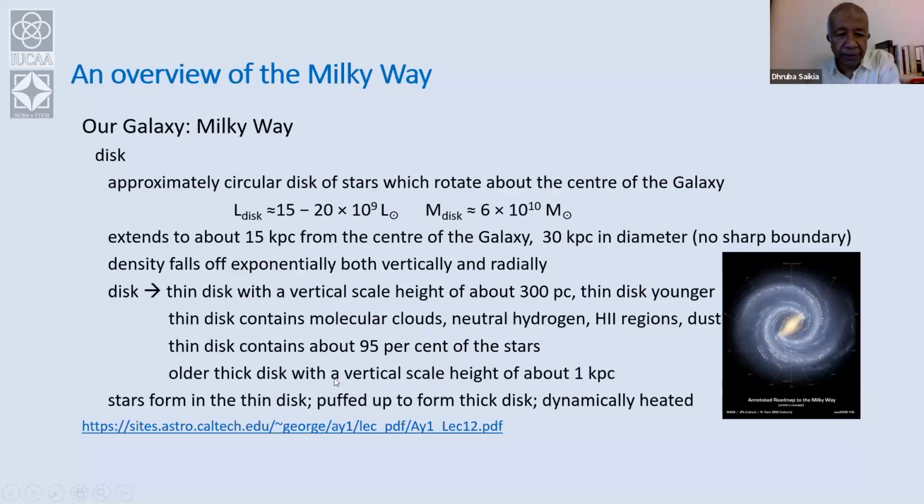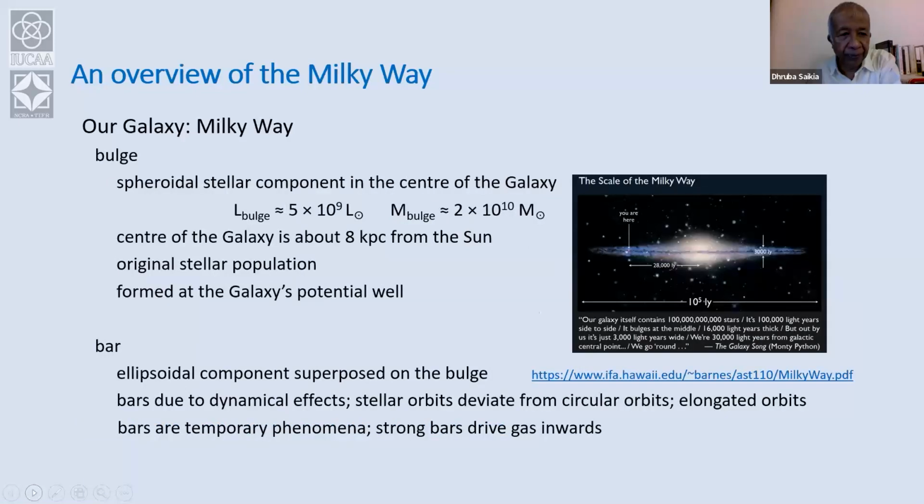And the older stars, which are presumably puffed up from the thin disk, dynamically heated as well, have a scale height of about a kiloparsec. So the disk also has structure, and these are all interesting areas of study as to how they formed and how they evolved. Then the bulge of the galaxy, which we talked about, 8 kiloparsec from the center. This perhaps contains some of the original stellar population.